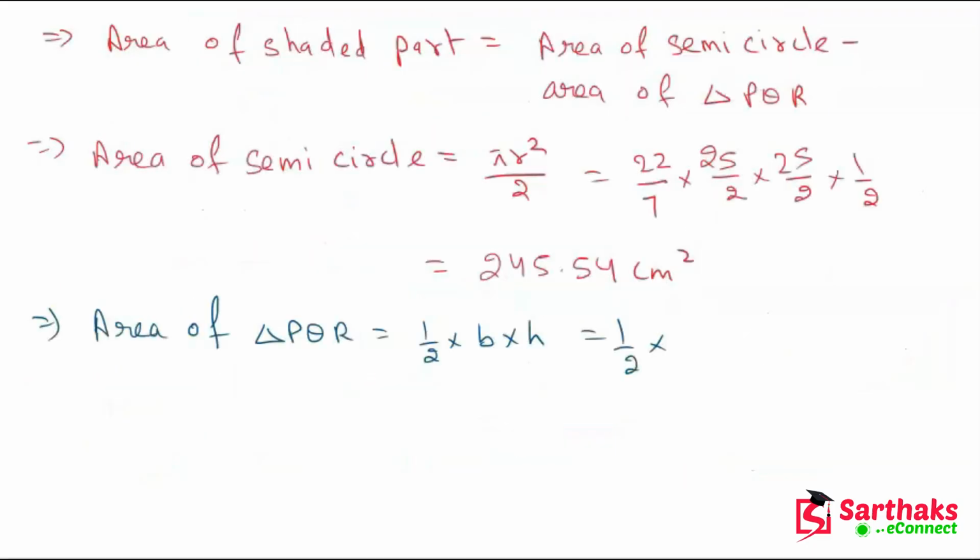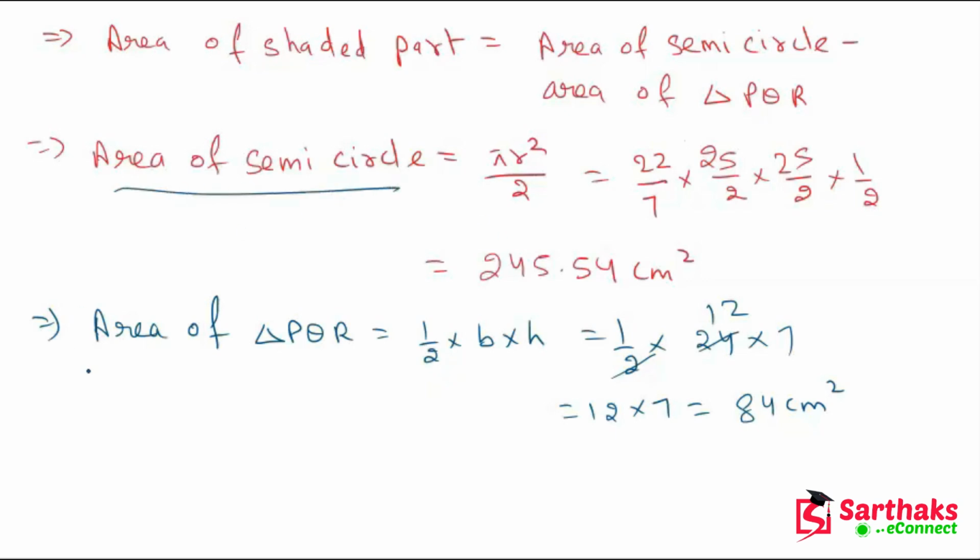So we can write it here like this: half into 24 into 7. So this will become 12 into 7. If we solve it, we get 84 centimeter square. So now we have the area of the semicircle and the area of the triangle. Now subtract the area of the triangle from the area of the semicircle. So we get the area of the shaded part.